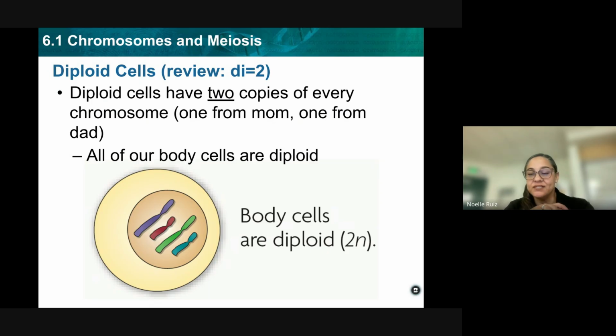All of our body cells are somatic cells: brain, liver, heart, stomach, intestine, lung. They are all diploid. They all have the 2 sets of chromosomes. And a lot of this is just vocabulary, so that when we actually use these words like diploid later, you'll understand what they mean.